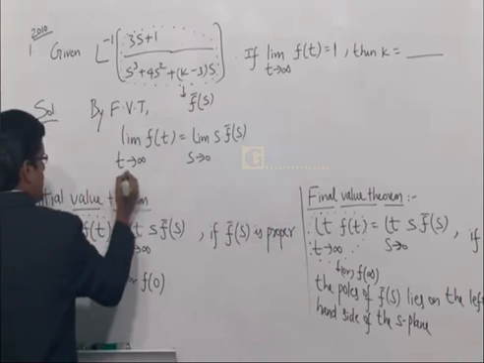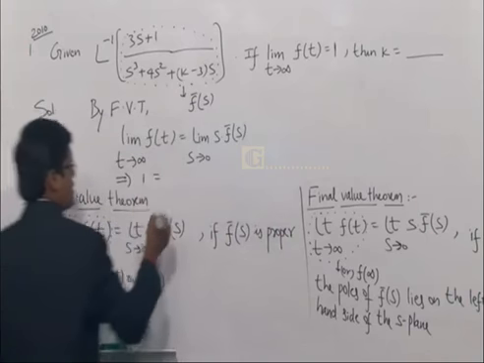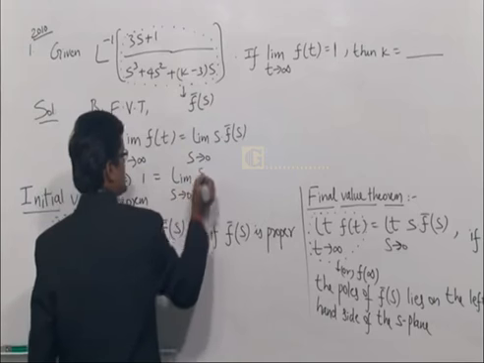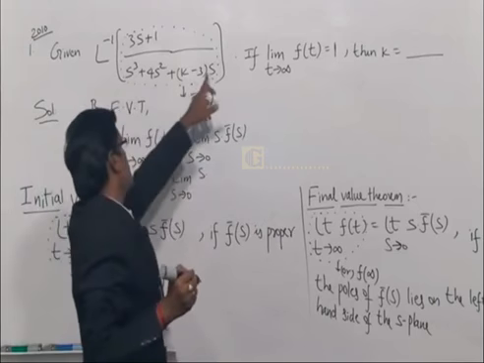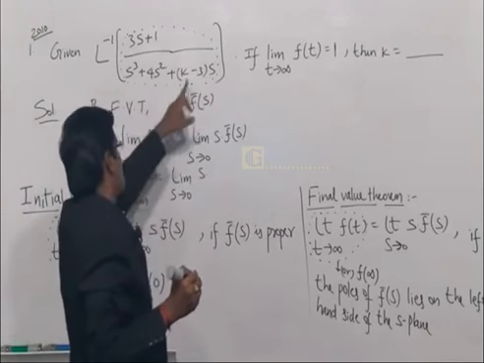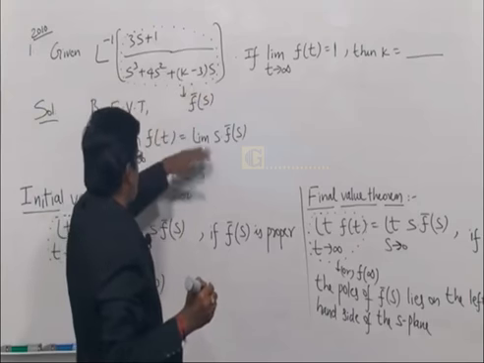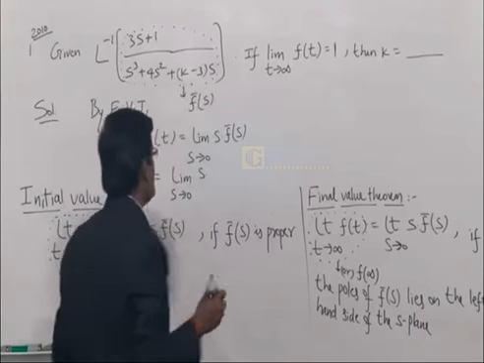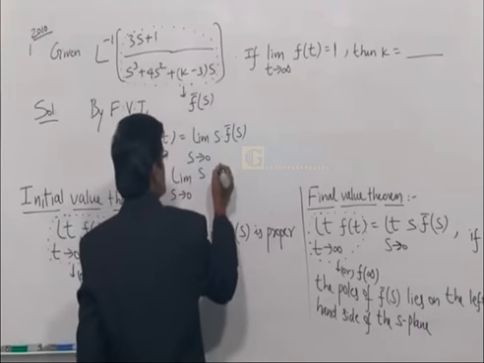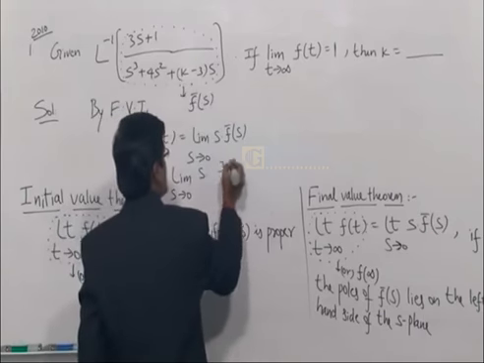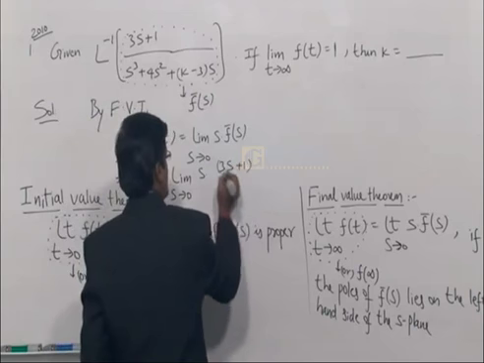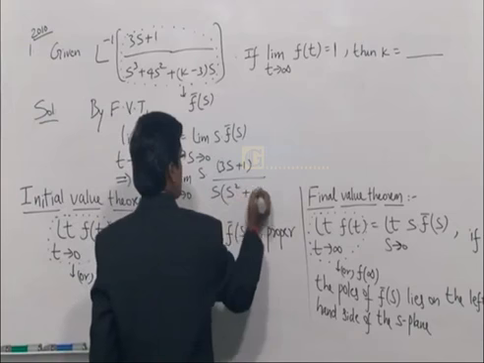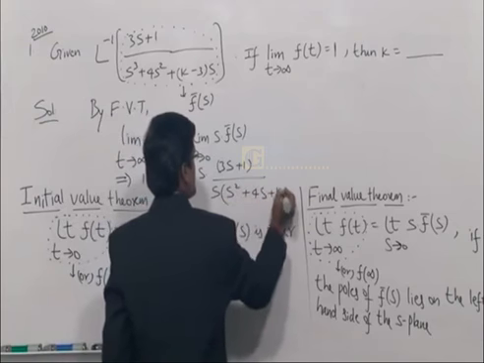So this implies, the left side is already given as 1, right side limit s tends to 0. The pre-multiplication s is cancelled with the denominator containing one common s. So I can write (3s plus 1) divided by, after taking s outside, (s square plus 4s plus k minus 3).